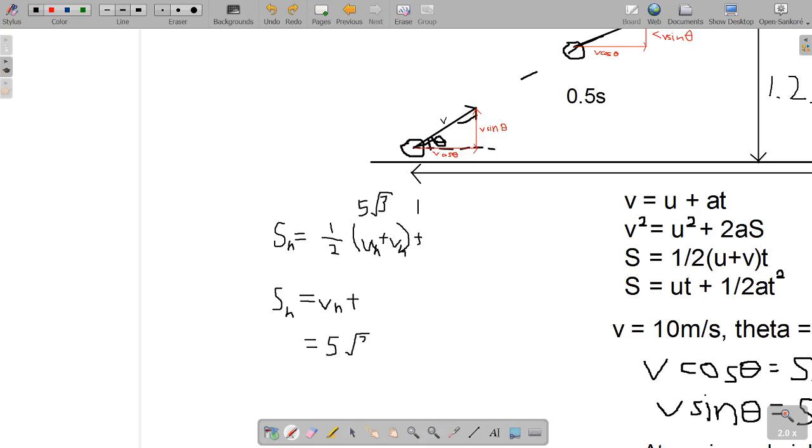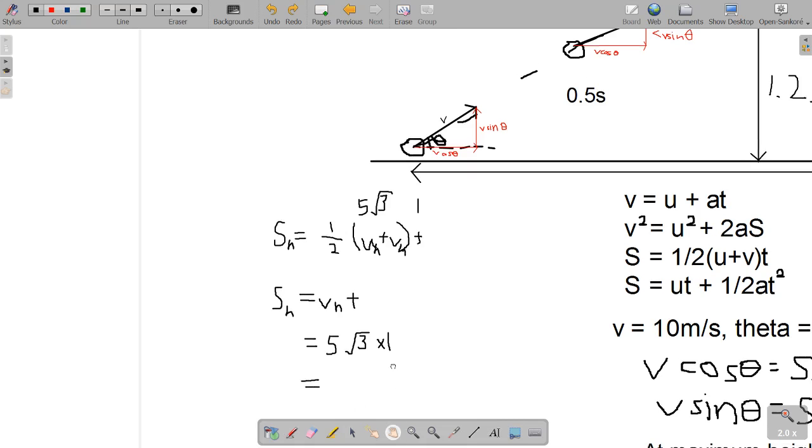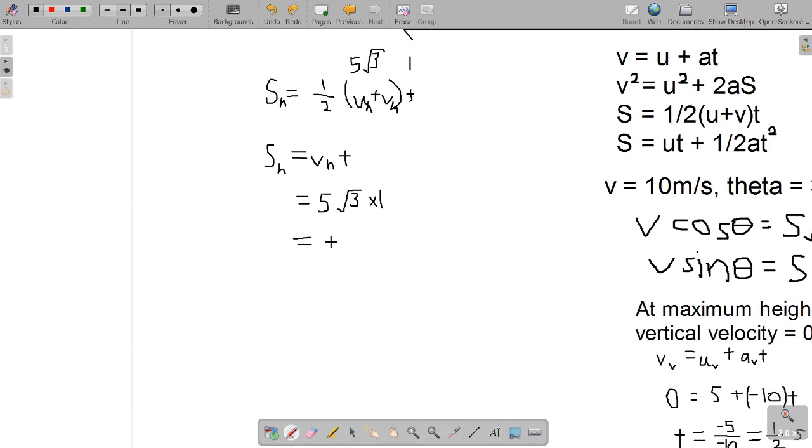I'm not going to use calculator. So 5 square root 3 times 1 equals 5 square root 3.